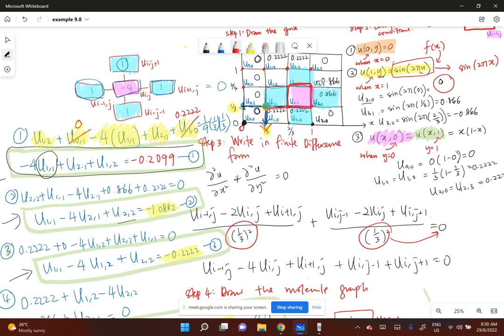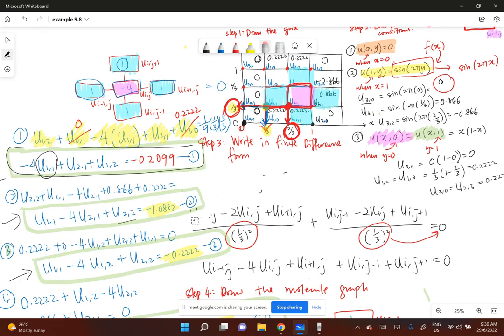So at this point, the x and y are based on this corner, based on this value. So at this value, x is 2/3. Okay. And at this point, y is 1/3. So here, we have to change it. I wipe here.